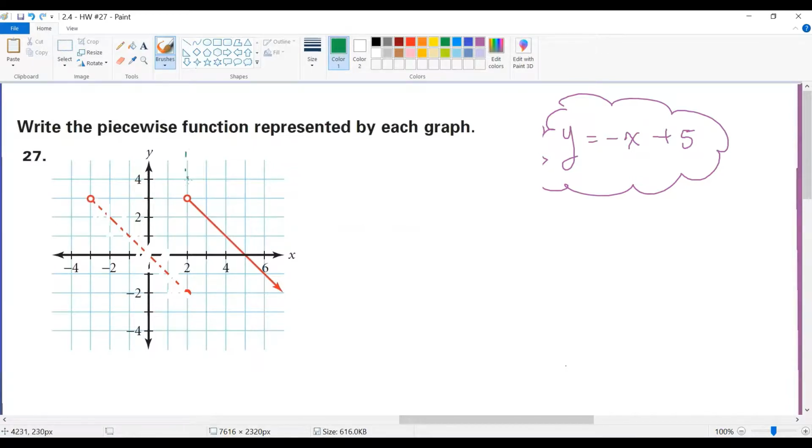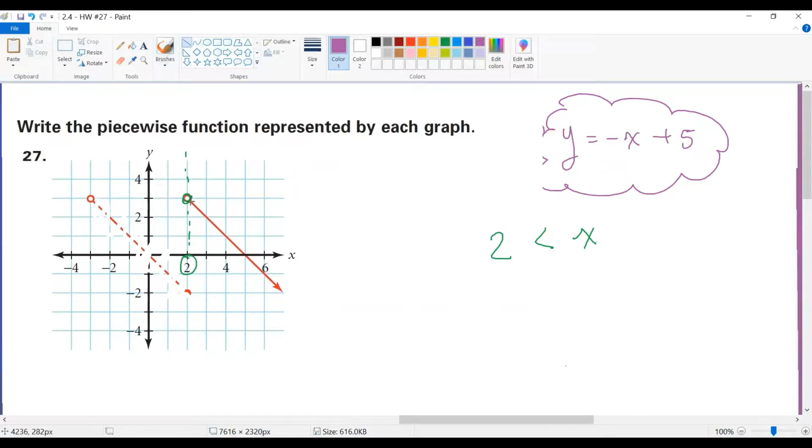We can draw a dotted line, and we can see that there's an open circle here, and it goes all the way down to 2. So what does this tell us? This tells us that we're going to start at 2, but not include 2, so we have a statement that says 2 is less than x.